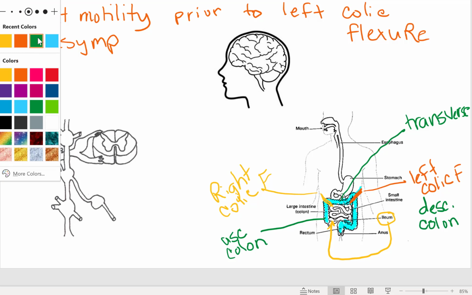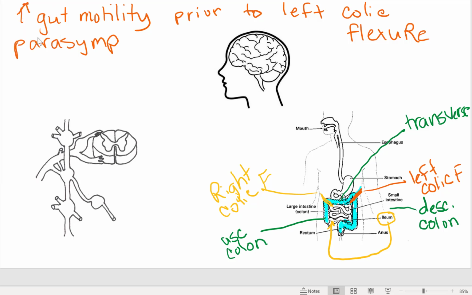And from the small intestine, your food would enter your large intestine that is highlighted here in blue.